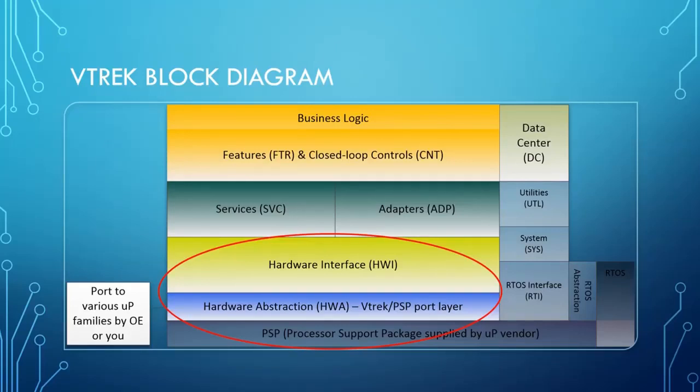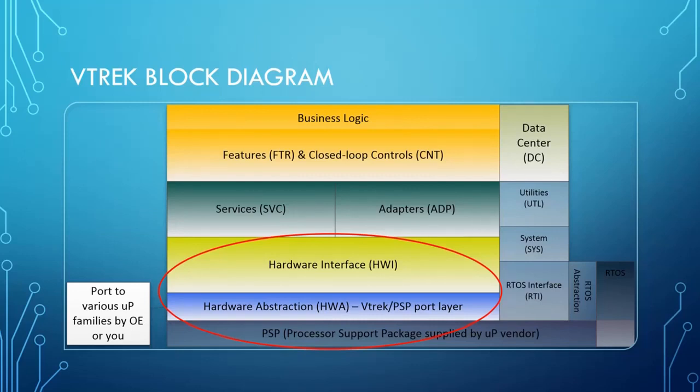It's generous of the suppliers to supply that, because now you're calling upon tested code as opposed to having to create your own hardware abstraction layer and write values to registers and have to debug and learn how to do that. We're hopefully using some tested code now with the PSP.